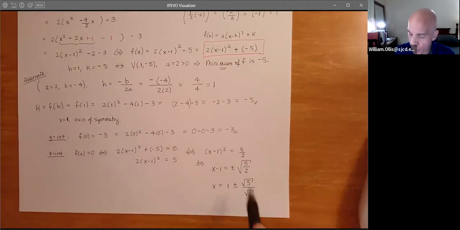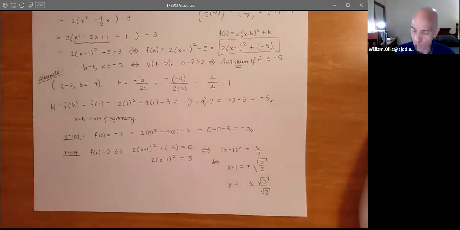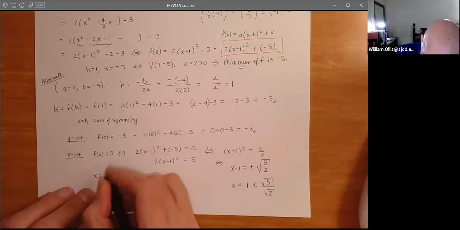Wow, look at these crazy numbers here. Can I make this look pretty? This is fine if WebAssign wants an exact answer, but let's make this look more beautiful if we wanted to impress our friends. So we have x equals 1.